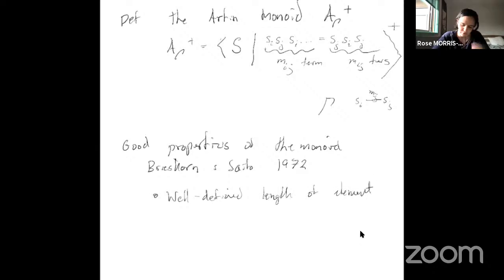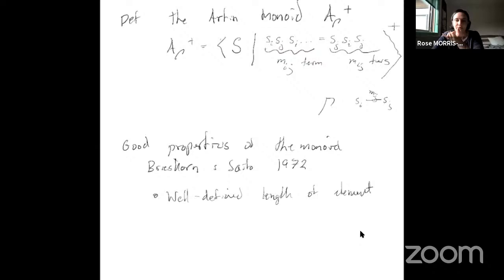This comes from the fact that in my presentation, I have a word that's equal to another word, and these two words are the same length. So if I have a word representing an element, the only way to change it into another word representing the same element is to replace subwords by another subword of the same length.